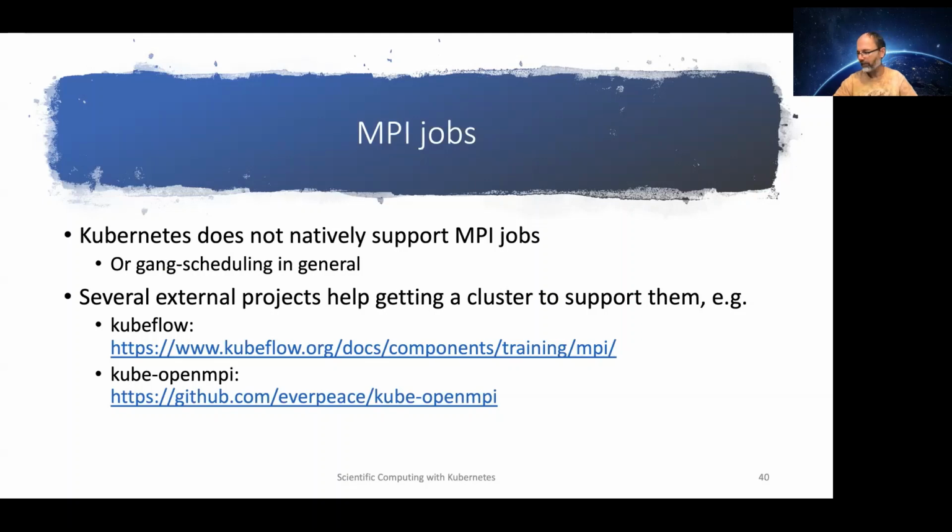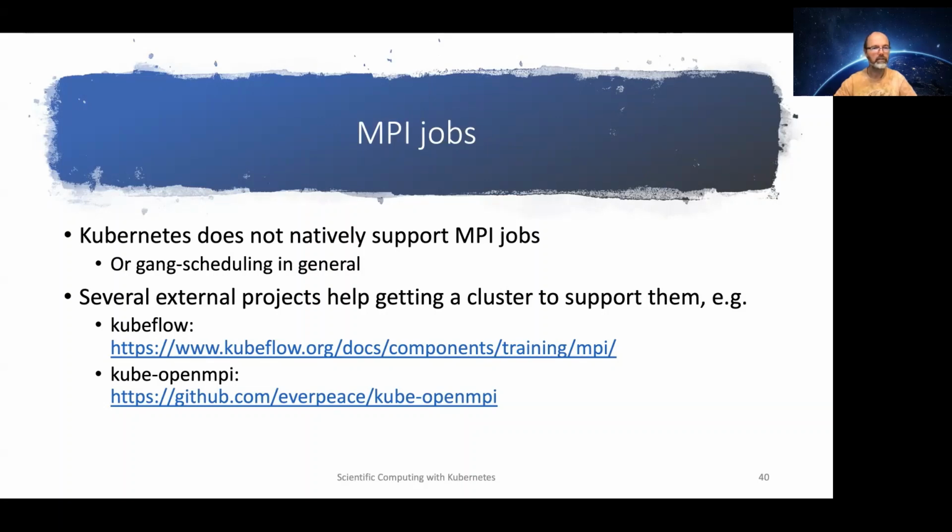Another thing that may be of interest to this crowd is what about MPI jobs? You may have noticed I have been talking more about high throughput computing than high performance computing here. That's because Kubernetes does not natively support MPI jobs or gang scheduling in general. It's really optimized for one pod at a time. That doesn't mean that MPI jobs cannot be run, but you need to use some add-ons.